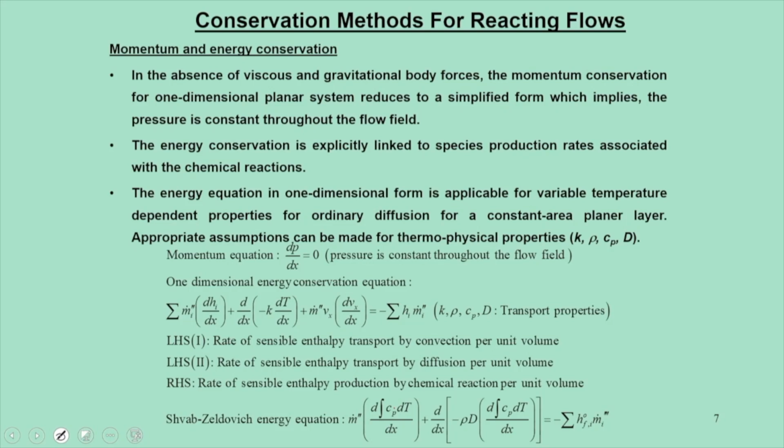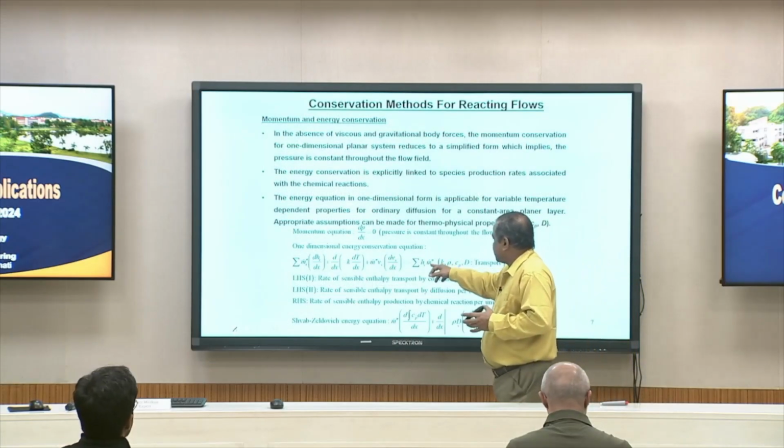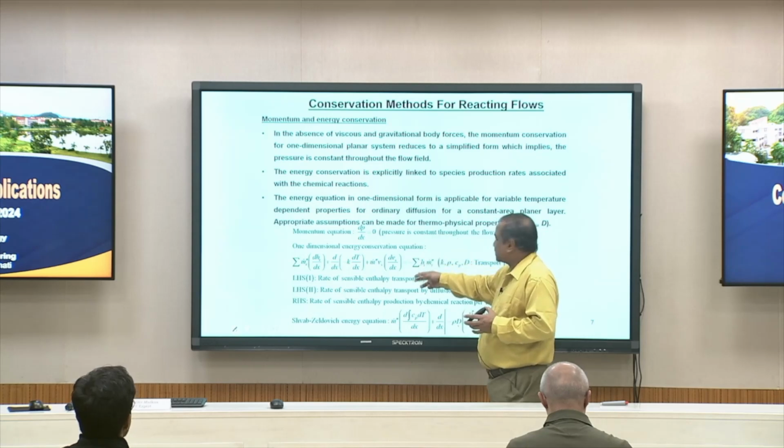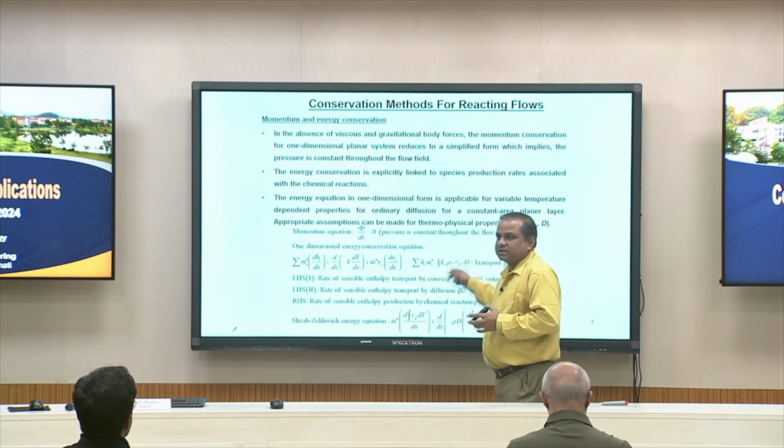Then another term drops in here, which we call the binary diffusion coefficient. On the right-hand side, whatever initial energy it has, the final energy is based on the enthalpies of each species with its species flux.